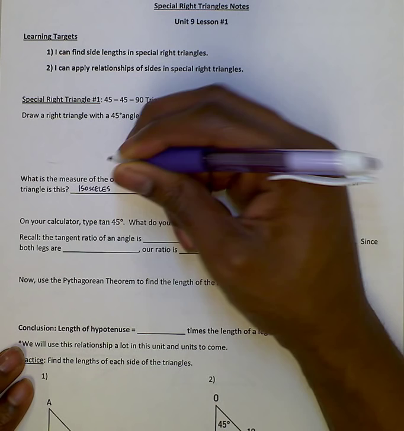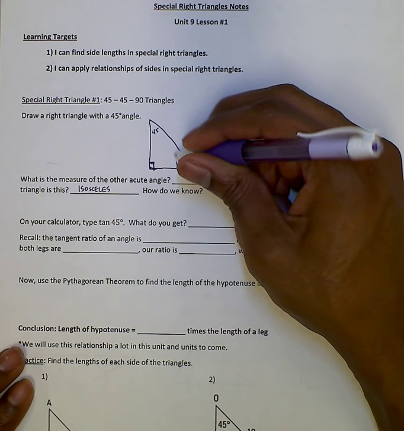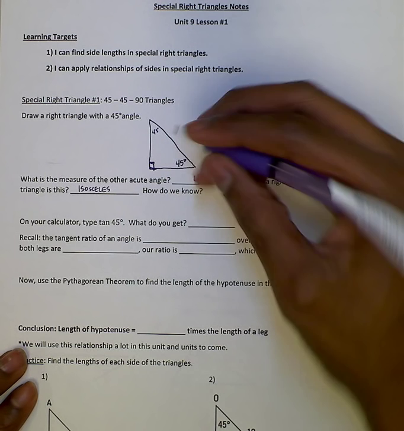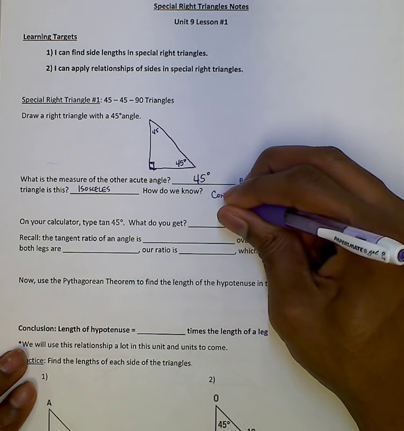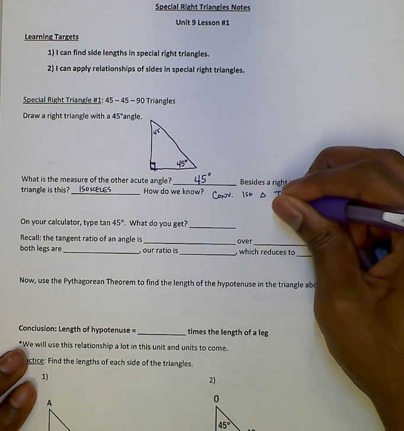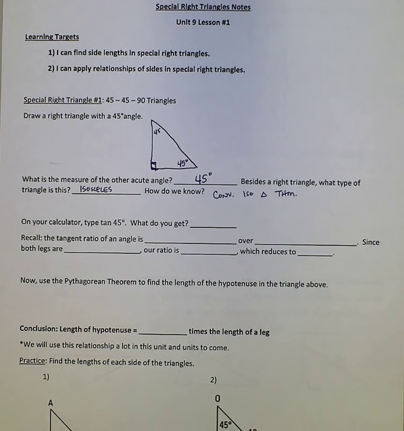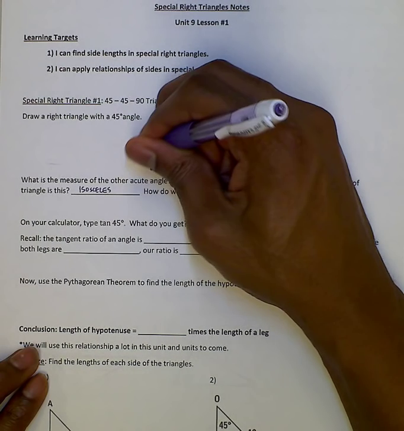And we know that because if the base angles of a triangle are congruent, then its sides are congruent, and that's also called the converse of the isosceles triangle theorem. Just a little bit of review there. So we can tell that this is an isosceles triangle.